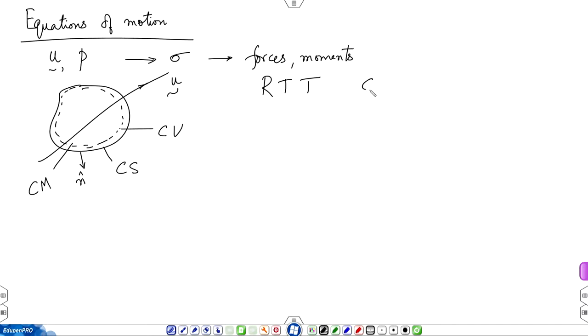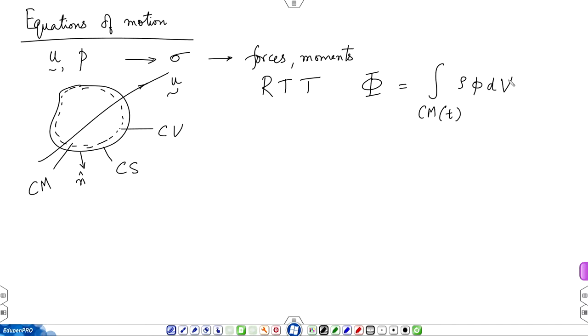So, we define the attributes of the material contained in Cm as capital phi defined over Cm. Now, the definition is at the present time instant t. So, small phi is capital phi per unit mass, sometimes called the intrinsic value.